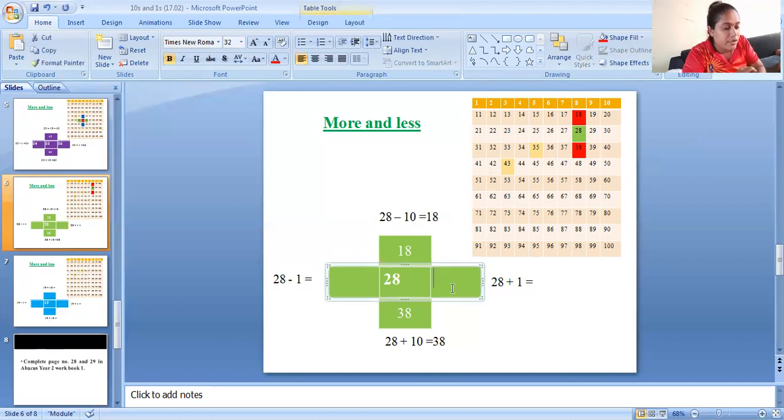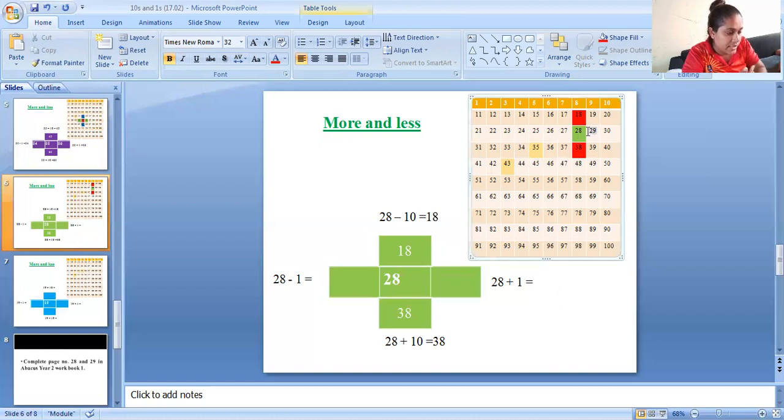And now here I am going to find the answer for this. For this, I need to count 1 more to 28. We should add 1 more to 28. Here 28, 1. I am counting forward because we are going to find the number that is 1 more. 28, 1.